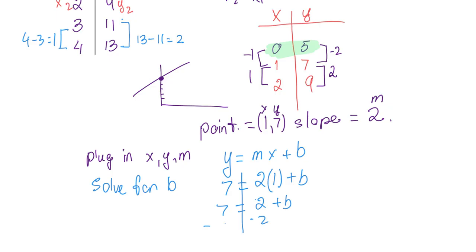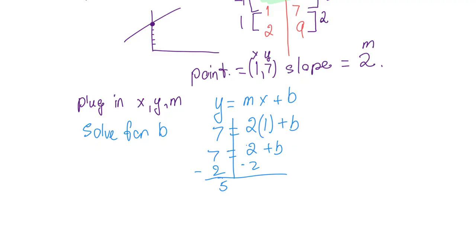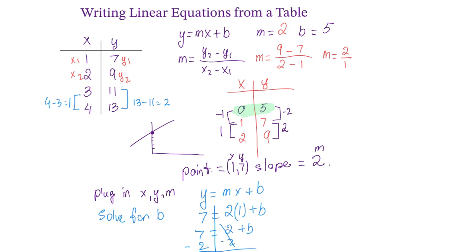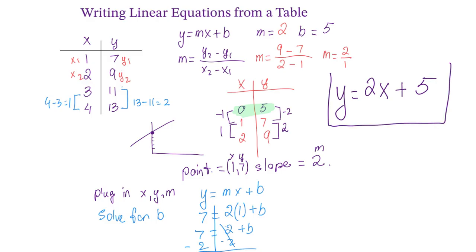We're going to subtract 2 from both sides, and this will equal 5, which will be equaling b. Okay, we're ready to write our equation. So let's plug in the numbers we know. We know our slope and the y-intercept. So let's go ahead and write that down. y equals, our slope is 2, so 2x plus 5, because 5 is a positive number, which is our y-intercept.